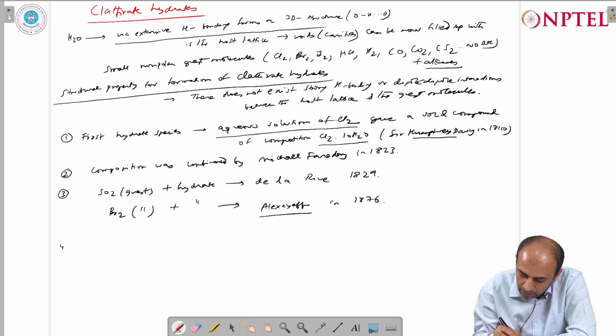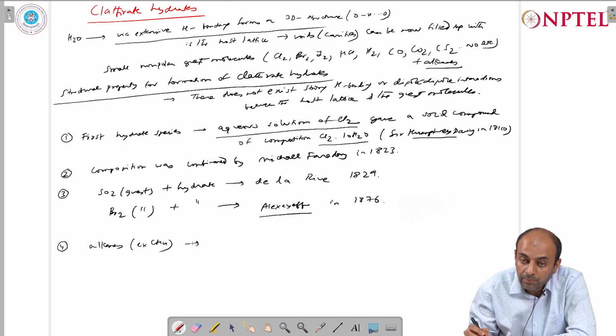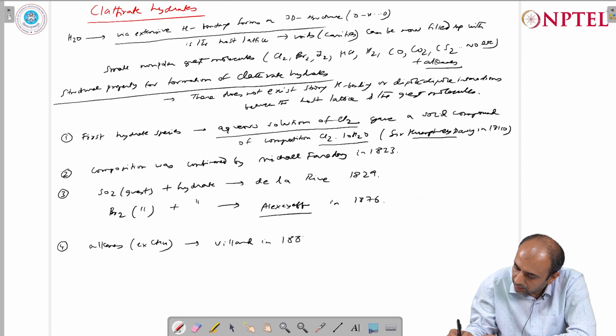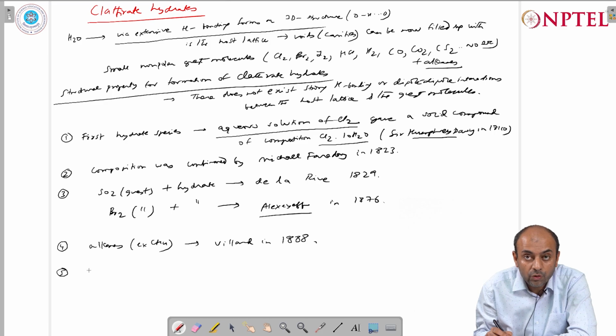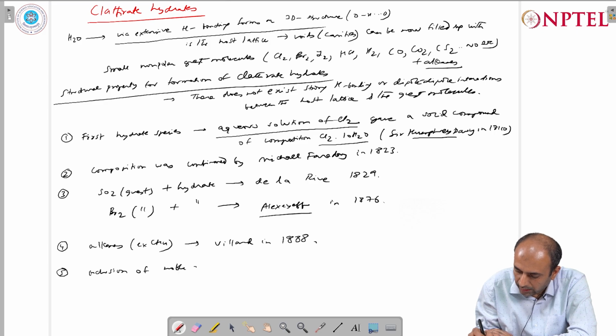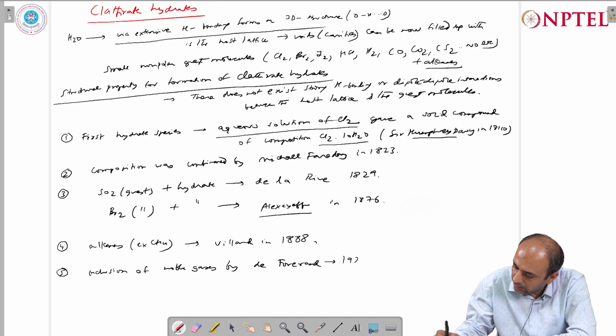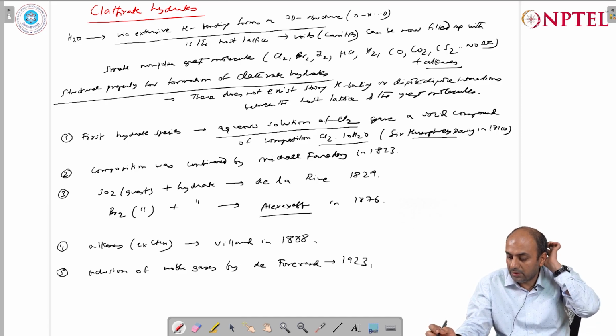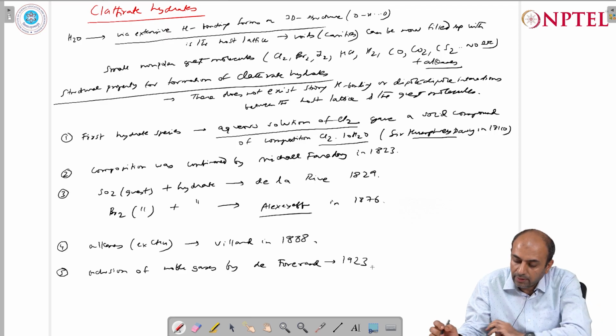And finally, the most important discovery happened when alkanes, for example methane, formed gas hydrates, discovered by Willard in 1888, followed by the inclusion of noble gases by de Forcrand in 1923.